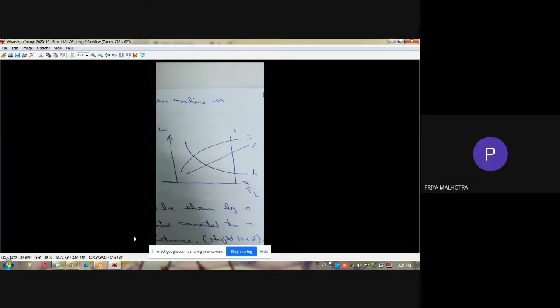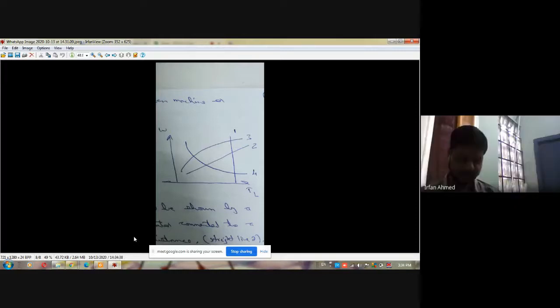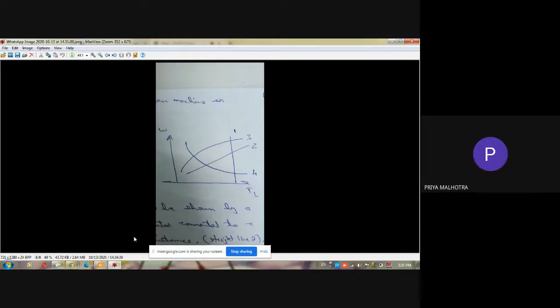So centrifugal pump means which type of characteristics they follow? Curve 3. They have characteristics similar to fan. And in fan, the major component is to overcome opposition due to air. And in centrifugal pumps, it is due to the water. Okay.